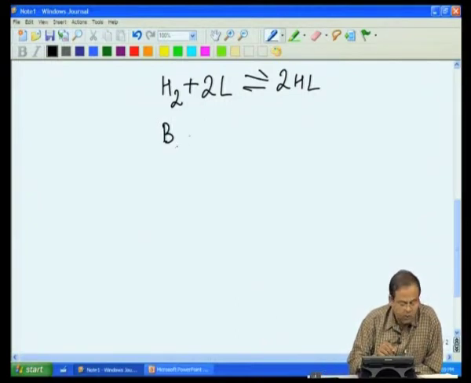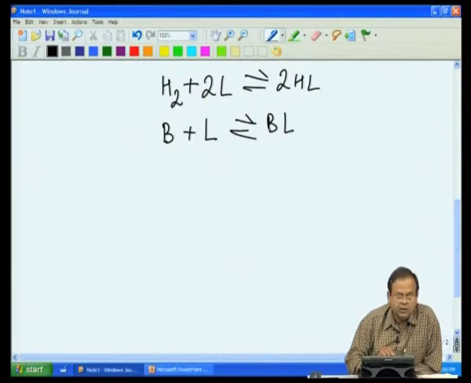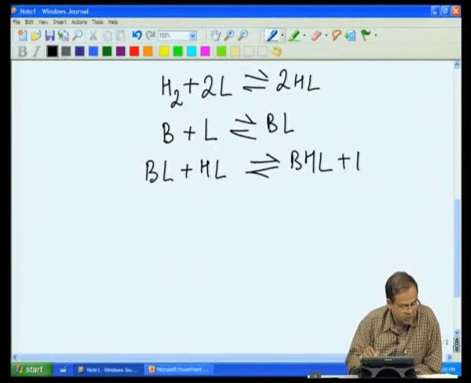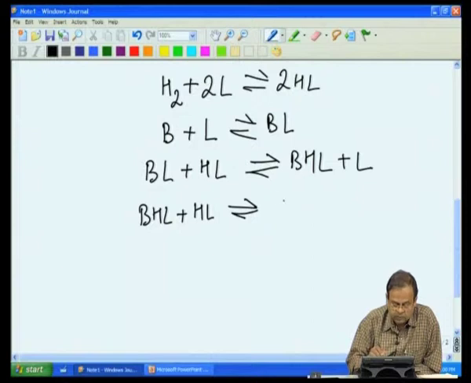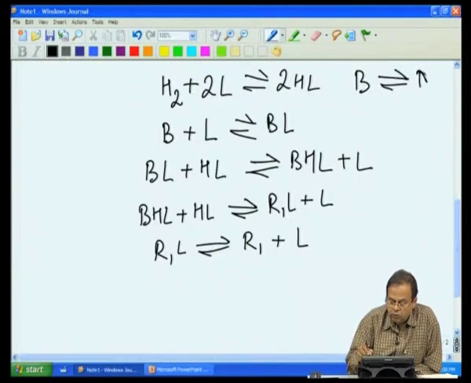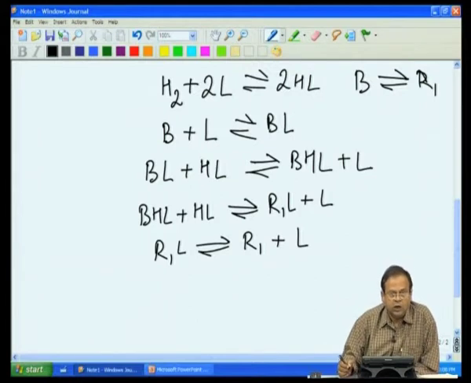Similarly, we have let us say B plus L, B is our di-unsaturated, gives us BL, then BL plus HL gives us BHL plus L, and BHL plus HL gives us the required product R1L plus L, and R1L dissociates to form R1 plus L. So, what we are looking at is the individual reaction B going to R1, that is the first one of the hydrogenation steps.